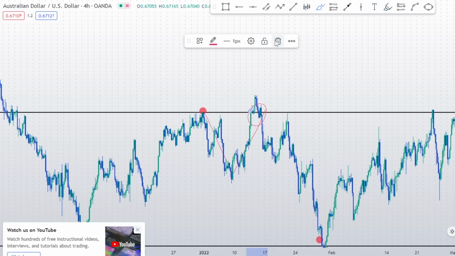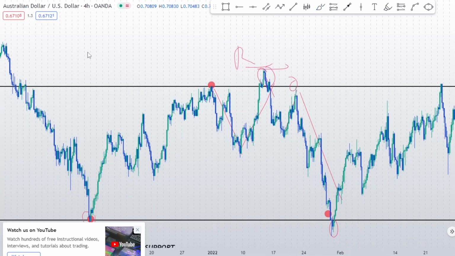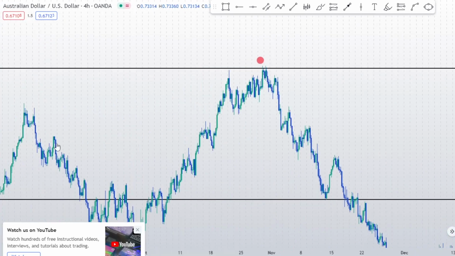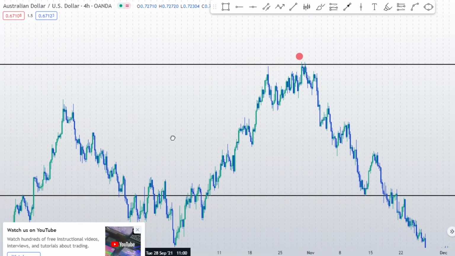The market decided to surpass this level and retest it, came back again on the resistance, retested again and decided to go down. So this is how you do your support and resistance. You need a touch so that you can predict the next touch.